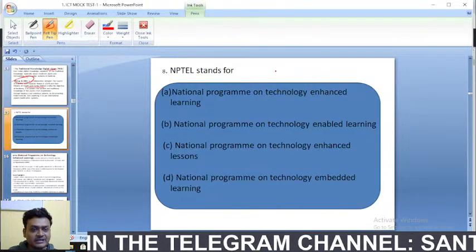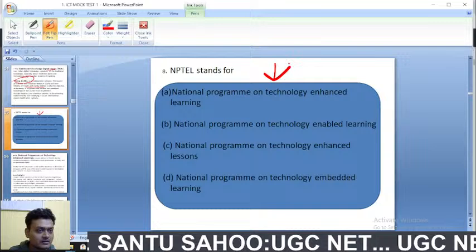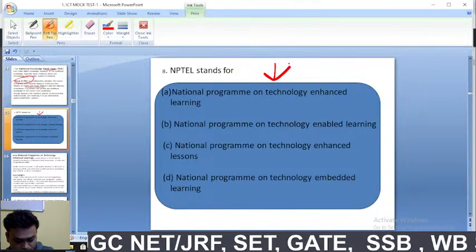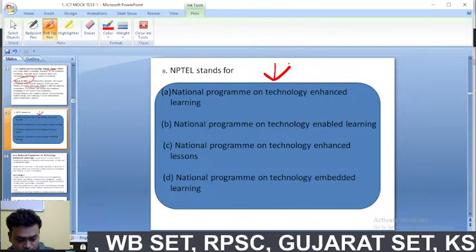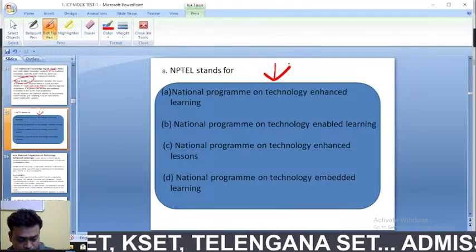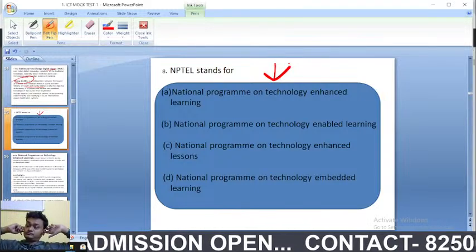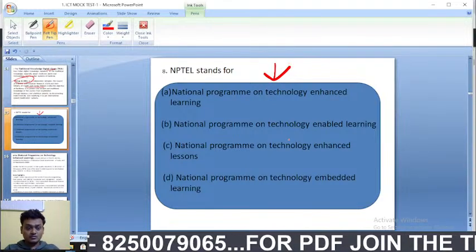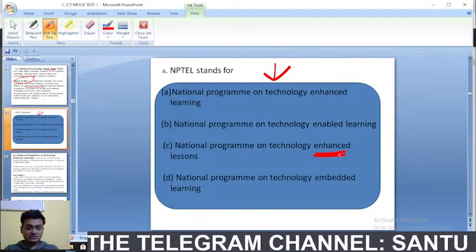जो भी है, चलो. NPTEL का फुल फॉर्म क्या है? Got it, Archana, you're absolutely right. NPTEL stands for National Program on Technology Enhanced Learning. Is it enhanced or enabled?